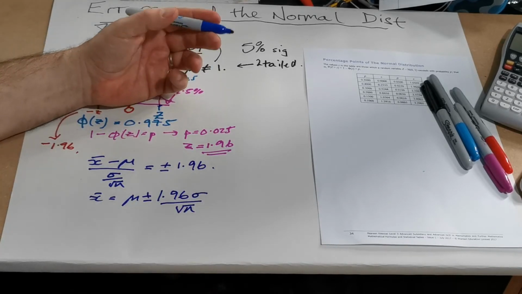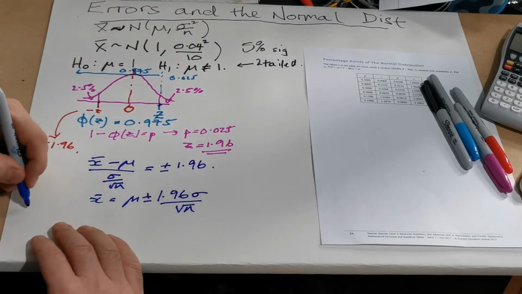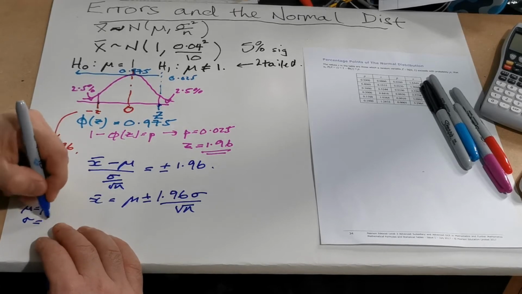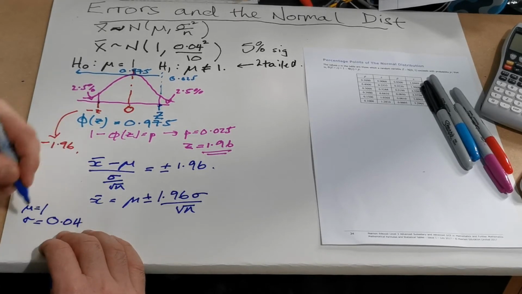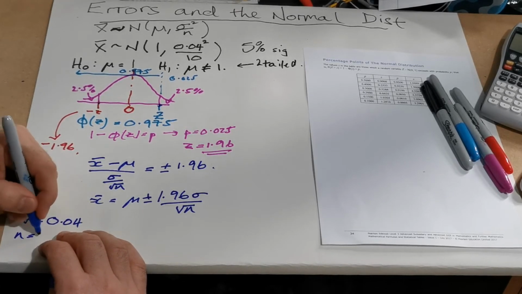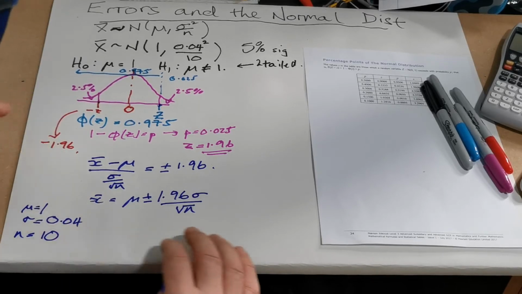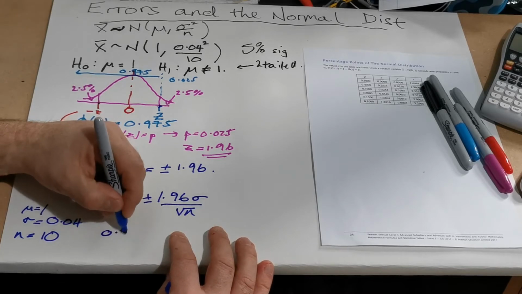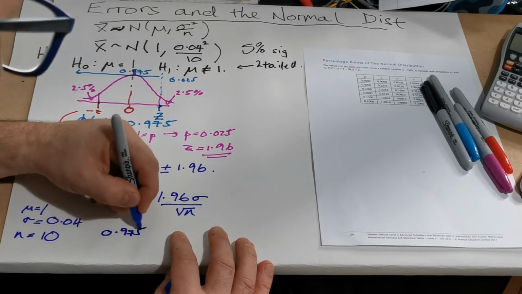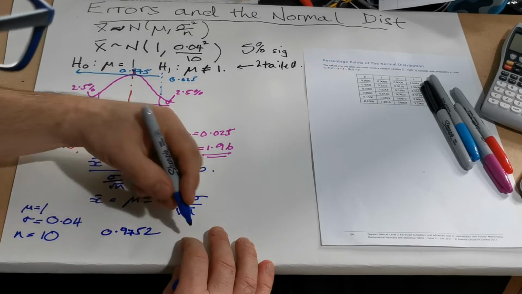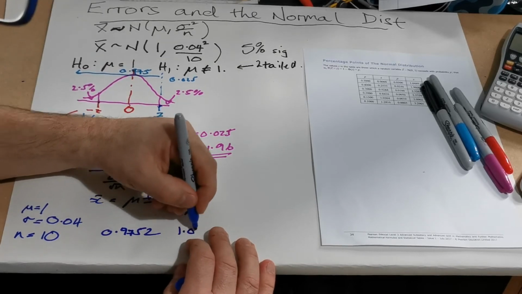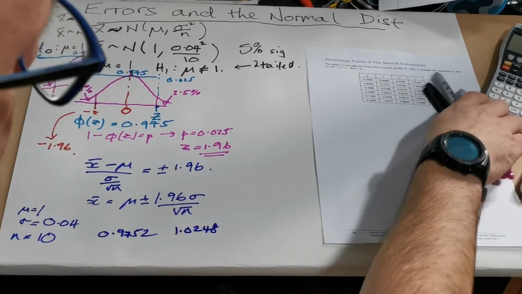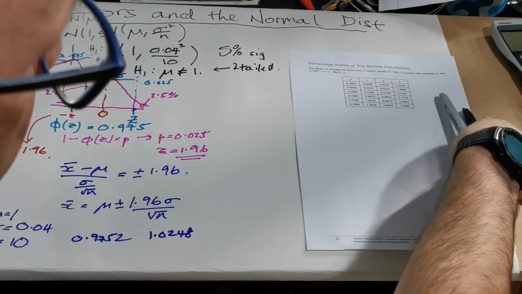And if I put my values in, so I know that mu equals 1, sigma equals 0.04 and n equals 10, I get the two values of 0.9752 for when it's minus and 1.0248 for when it's positive.